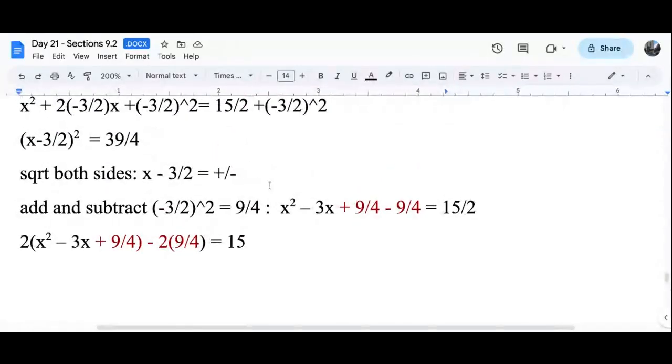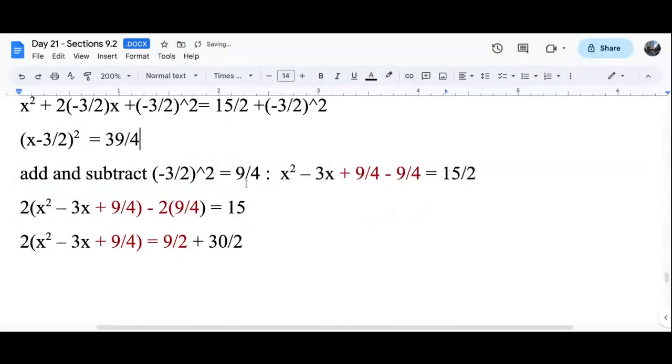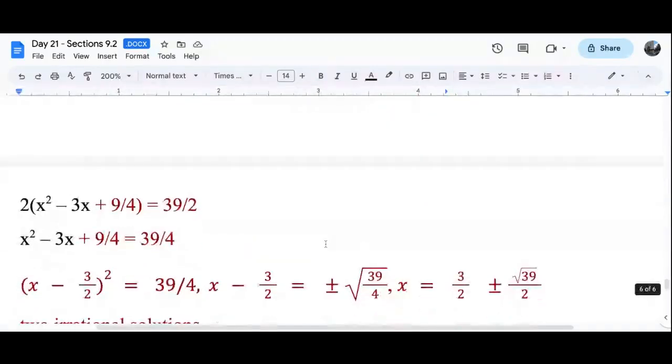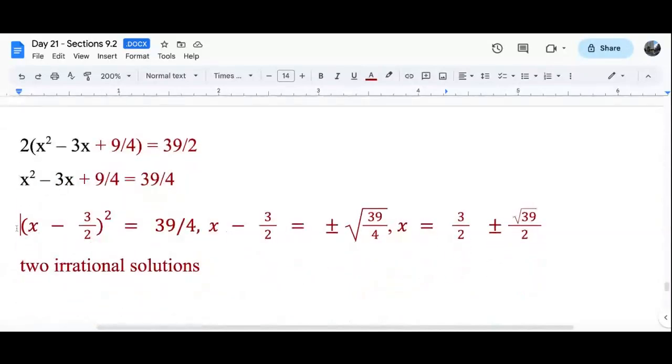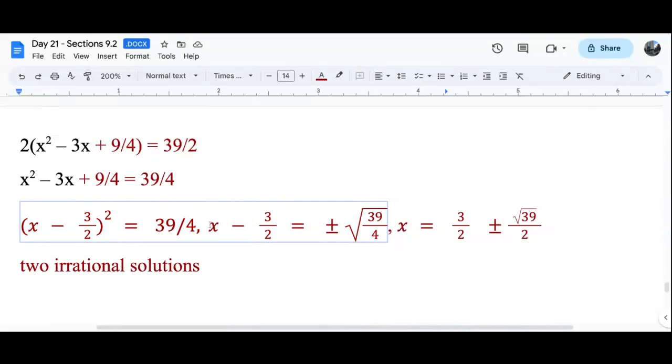It's exactly the same as before. Oh, actually we have here, that's why I add and then subtract. Well, you could add on both sides, exactly the same. So we get x minus 3 over 2 squared equals this. Then we square root both sides.